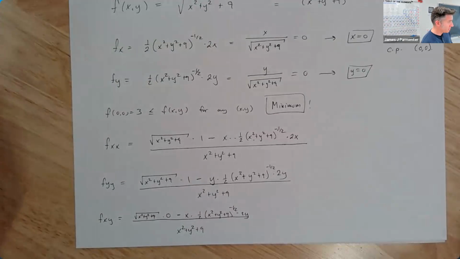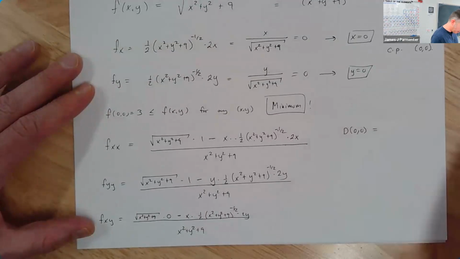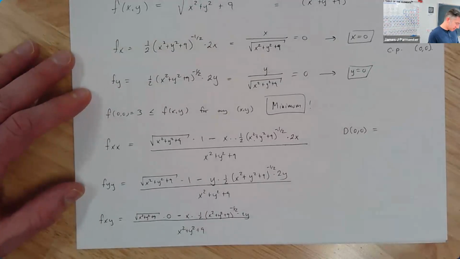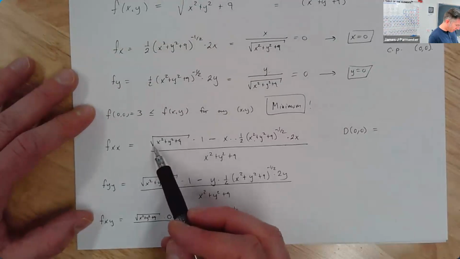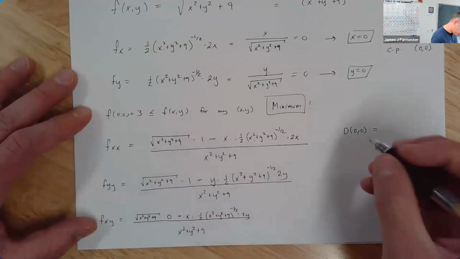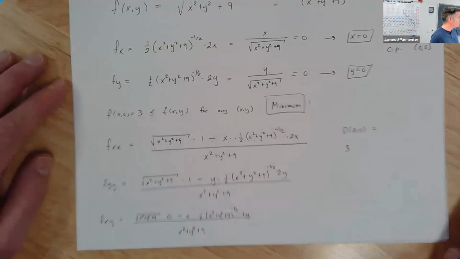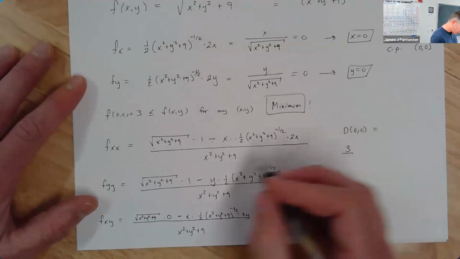Again, kind of gross. But now if we calculate d at 0, 0, it's not too bad, I think. Let's see what happens. So plug in 0, 0 for fxx, I get the square root of 0 plus 0 plus 9, so I get 3, minus 0 times all that, 0 over 0 plus 0 plus 9.